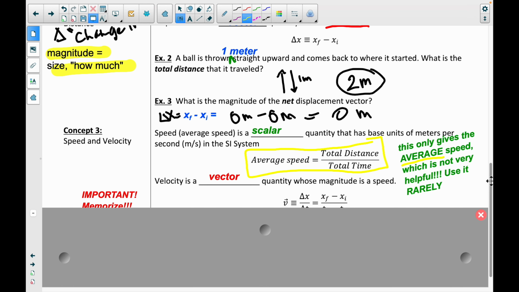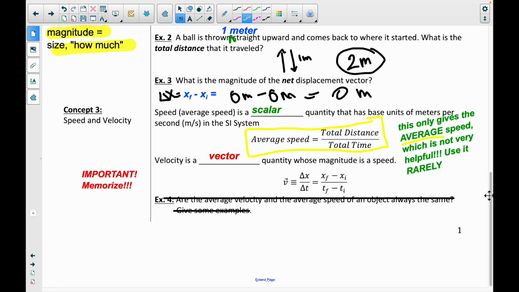Okay, velocity, however, is a vector whose magnitude is speed, and we find it through a very similar equation. The only difference being we have a change in x and a change in t. You will want to memorize these because we do have those equations on our equation sheets. This one actually is not on our equation sheet.